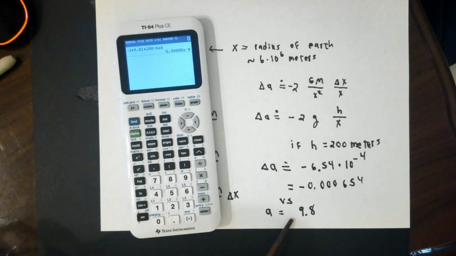Since it started off being 9.8, this change is very tiny compared to the actual value of the acceleration. You would need to have extremely high precision measuring instruments to detect this.